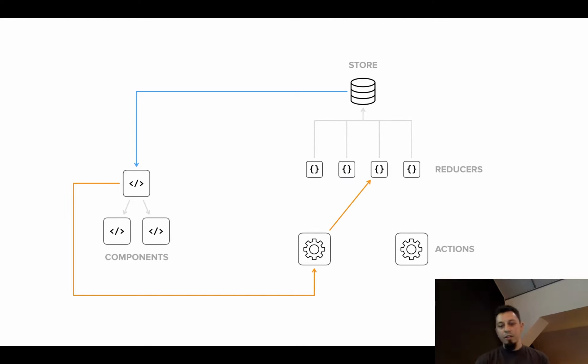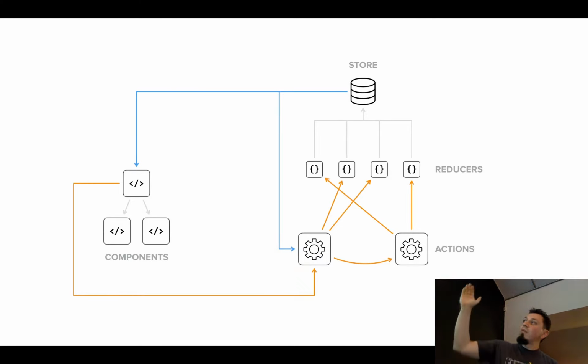Also the actions can read data from the store, call other actions, and dispatch to other reducers. The way the data flows is really in a circle, so it's pretty easy to understand how the data flows through your application, but it has to travel a lot from the component to get another update to the component.